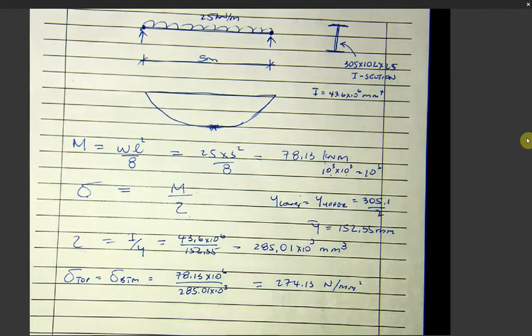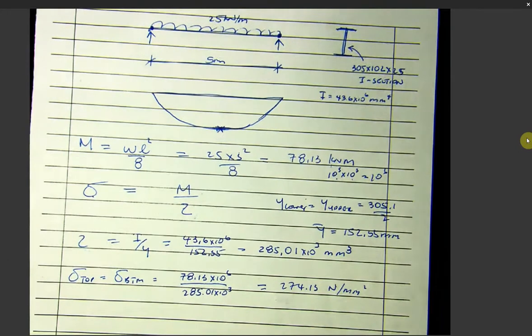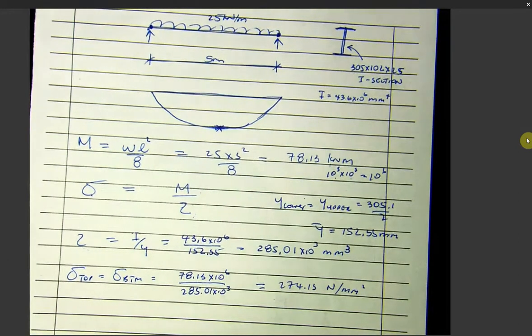These are the units. It's force over area, guys. It's very high though. Maybe I've chosen a smaller section just to demonstrate this example. This section is too small because that stress is very high. We shouldn't be dealing with such high stresses.